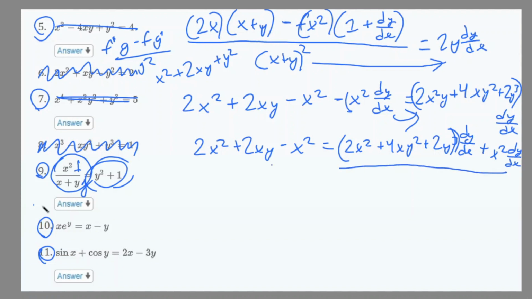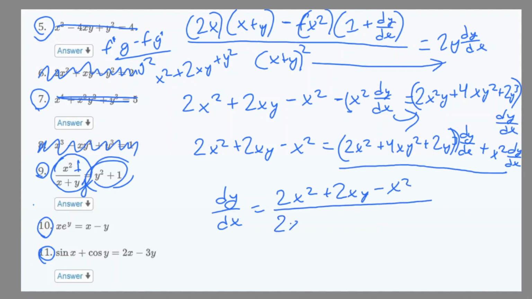Now if we divide both sides by 2x squared y plus 4xy squared plus 2y cubed plus x squared, it's a lot to process here. At the end, we're going to have dy/dx equals 2x squared plus 2xy minus x squared over whatever's on the right side that we moved, which is going to be 2x squared y plus 4xy squared plus 2y cubed plus x squared.